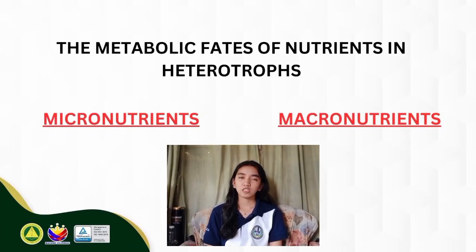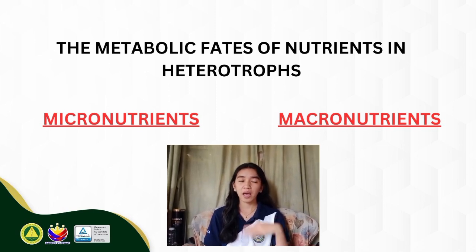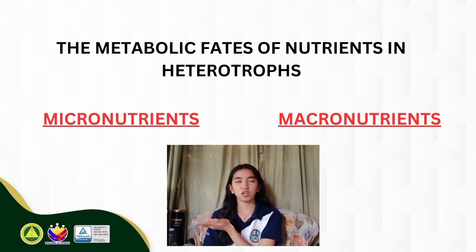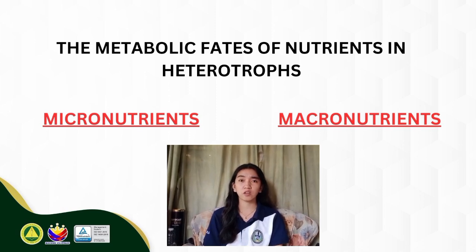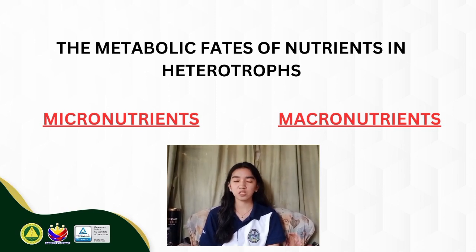Now let's talk about the different types of nutrients that we need. So we have two groups, the macronutrients and the micronutrients. Macronutrients, from the word macro, are needed in large quantities, including the carbohydrates, the lipids, and the proteins. Whereas the micronutrients, from the word micro, are needed in smaller quantities, including the vitamins and minerals.